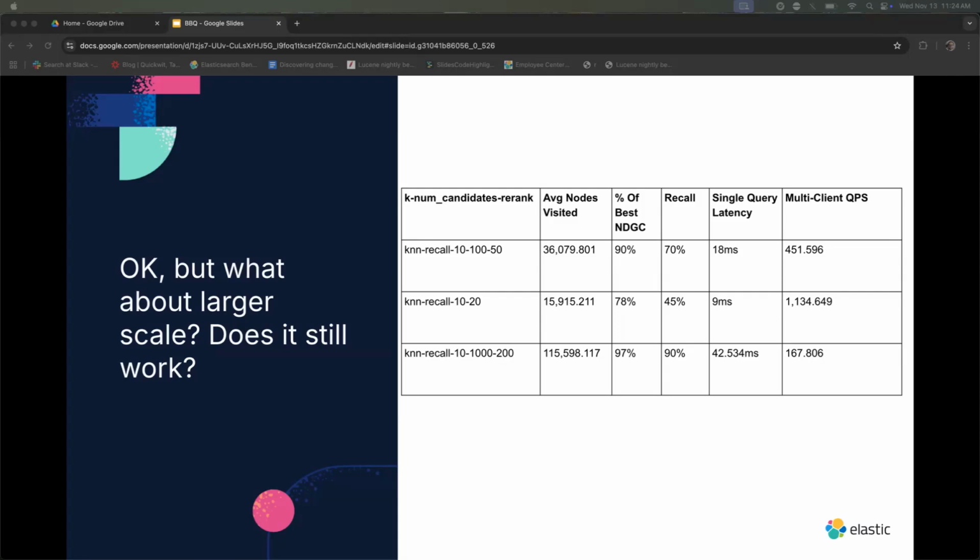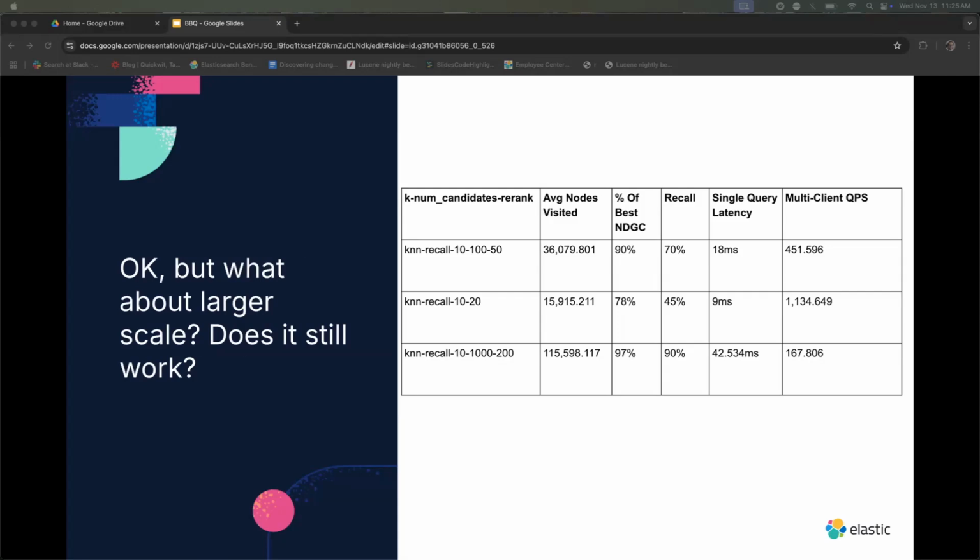For some re-ranking, you get about 18 milliseconds individual latency with about 450 QPS for multiple clients at the same time. And if you really want to re-rank, it bumps up to 50 milliseconds and about 160, 170 QPS. And again, if you want to make this faster, you add another node and double your speed, because it can all hold in memory.